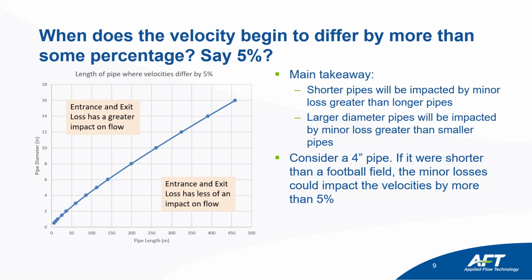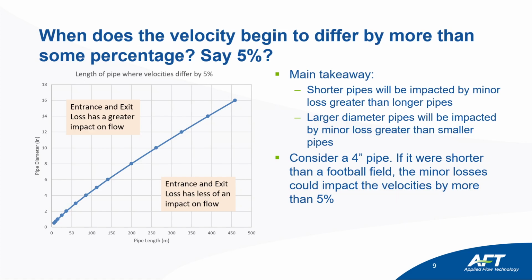So what if we say that our percentage of concern is 5%? Why 5%? It's a nice number and it's easy to think about. You would need to think for yourself if that's a worthwhile value. Maybe to you, 1% difference is reason for concern. You need to determine that for yourself, but for our thought experiment here, we're going to stick with 5%.